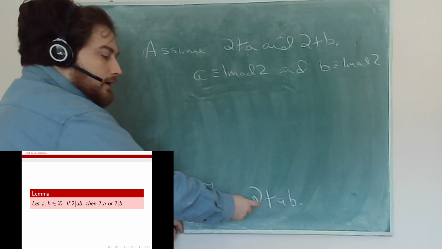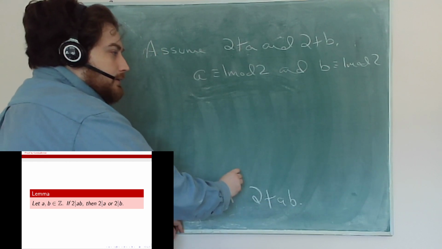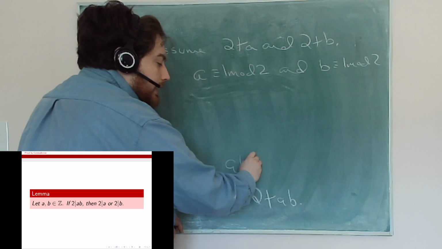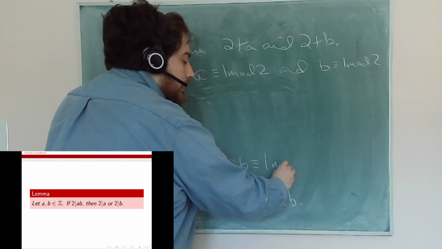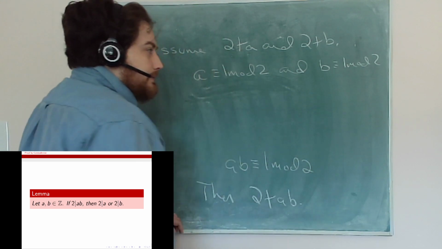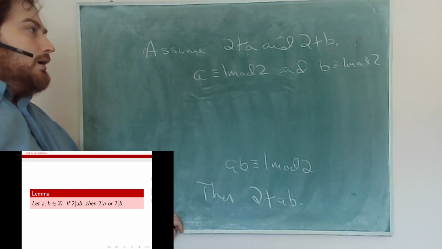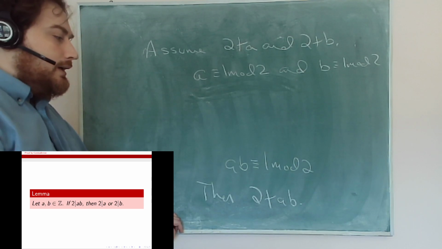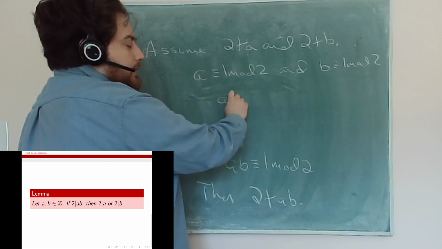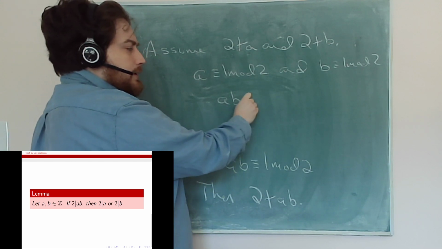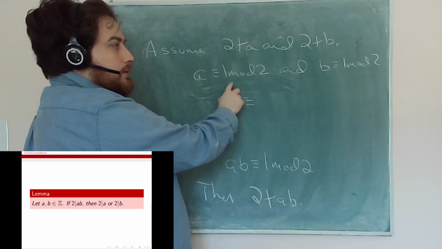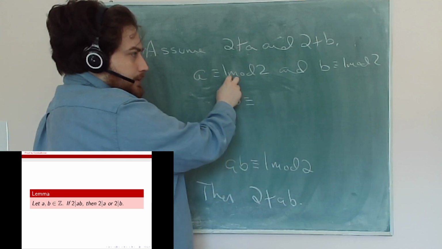If I continue with that, I have to show 2 does not divide A times B, so that means I also have to show that A times B is congruent to 1 mod 2. Notice that I can do a substitution because mods respect multiplication.